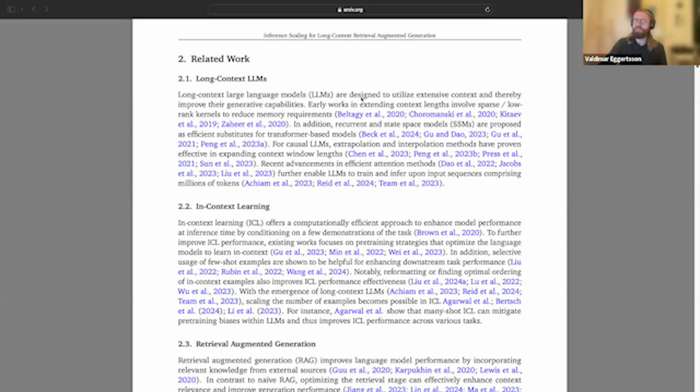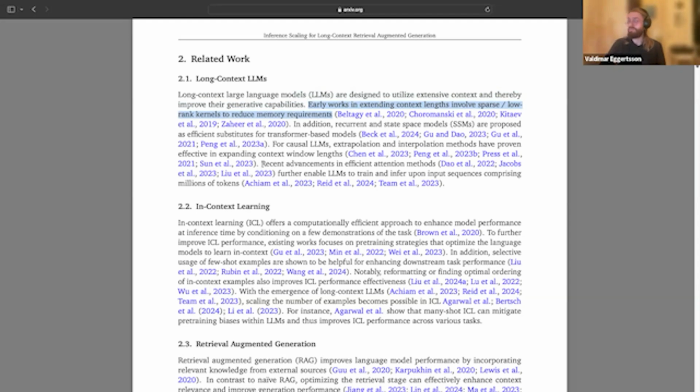I didn't think this would be possible given just the transformer architecture, because you need a lot of memory to process a sequence of 1 million tokens, because the memory complexity, space complexity of the algorithm is quadratic. However, as they mention here, early works in extending the context length involve sparse and low rank kernels to reduce memory requirements.